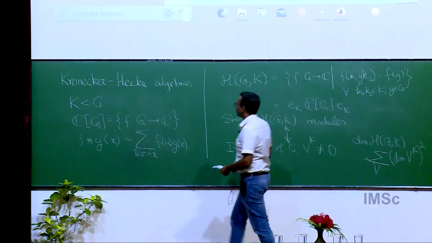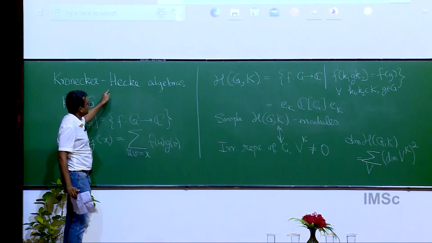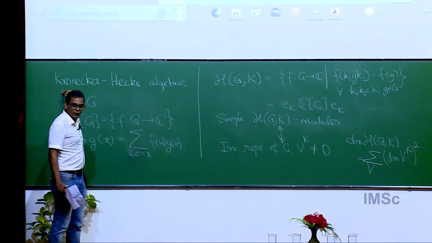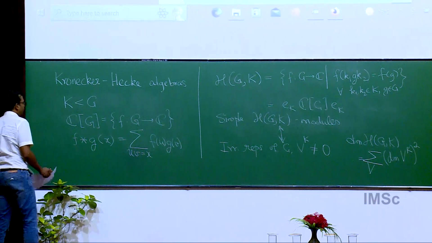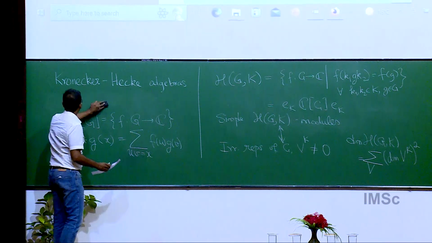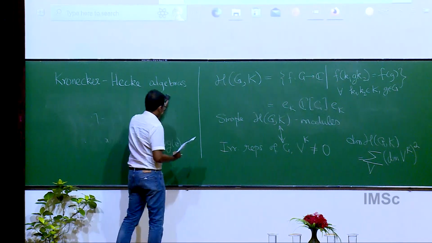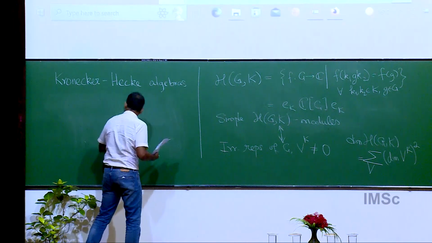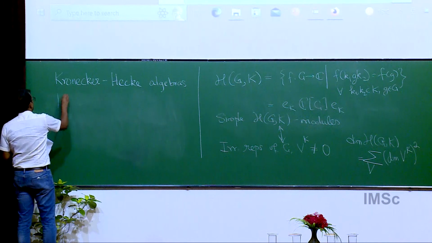So now I want to combine these two ideas, or rather I want to apply this idea of Hecke algebras to try to understand Kronecker coefficients. So now I can define the Kronecker-Hecke algebra, and I'll denote it by Kg.